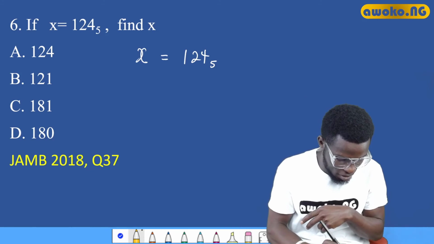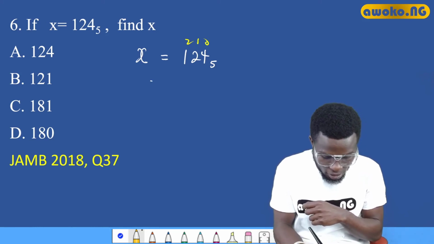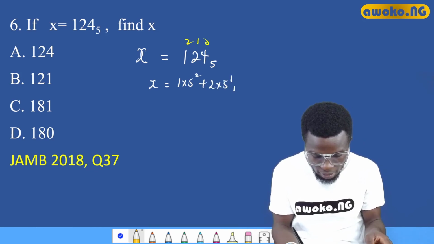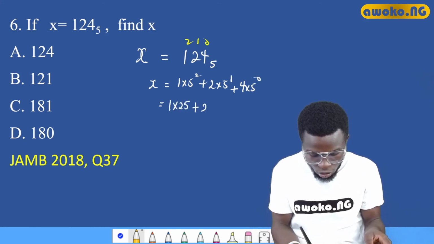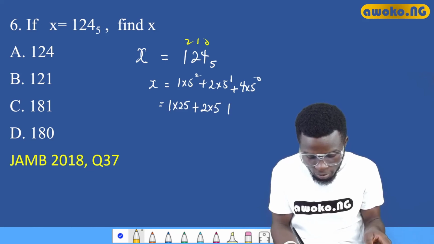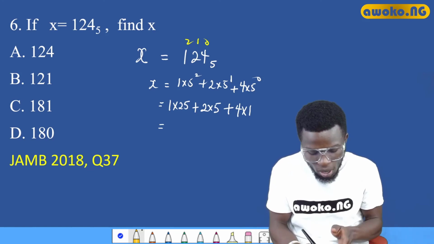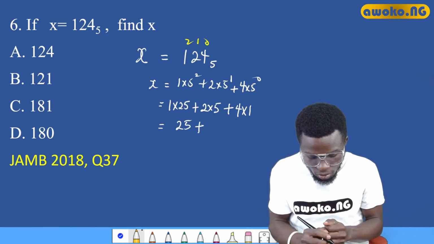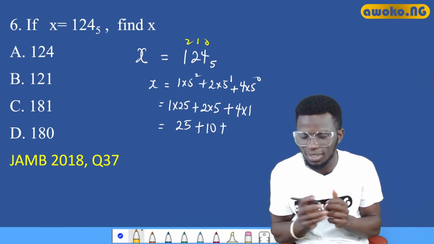If I do that, I would have 0, 1, 2, and x will now be equal to 1 times 5 raised to power 2 plus 2 times 5 raised to power 1 plus 4 times 5 raised to power 0, which is equal to 1 times 25 plus 2 times 5 plus 4 times 1, which is equal to 1 times 25 is 25 plus 2 times 5 is 10 plus 4 times 1 is equal to 4.